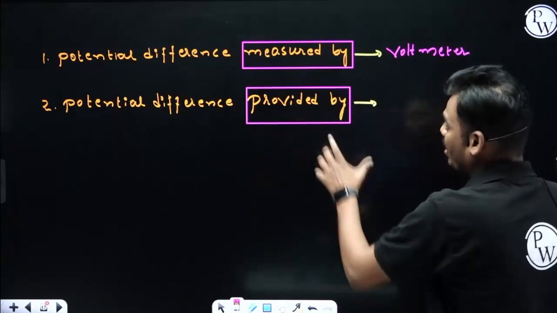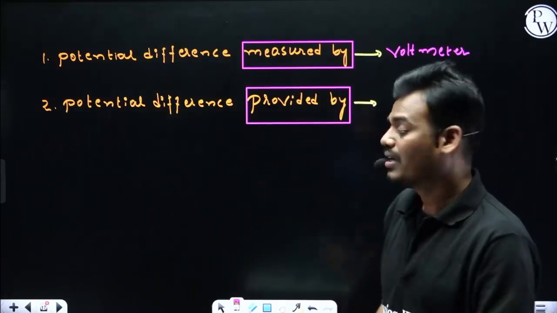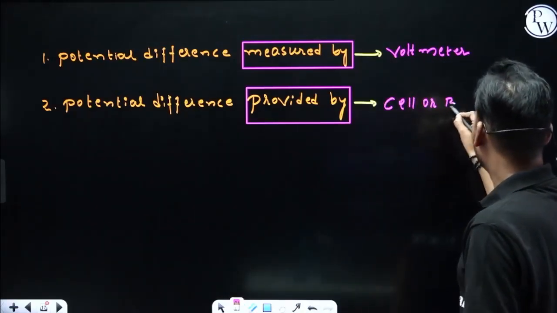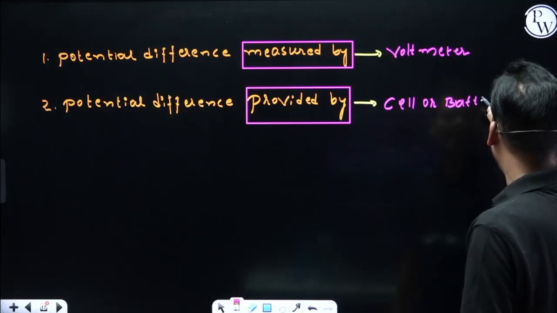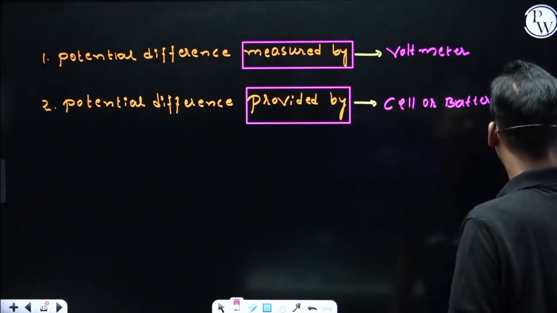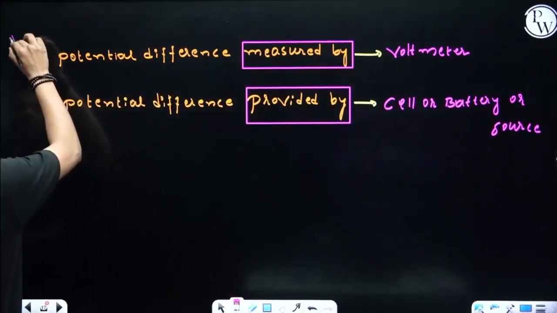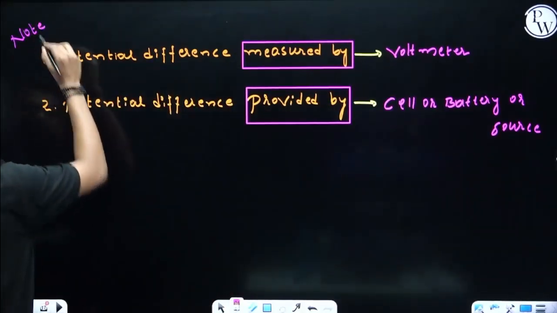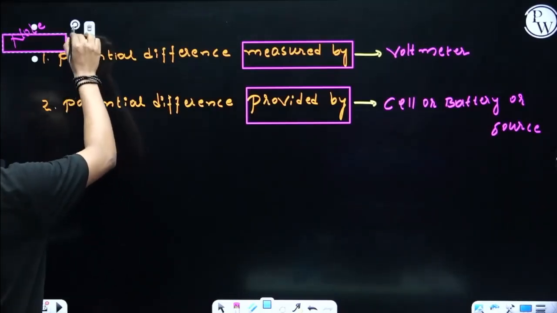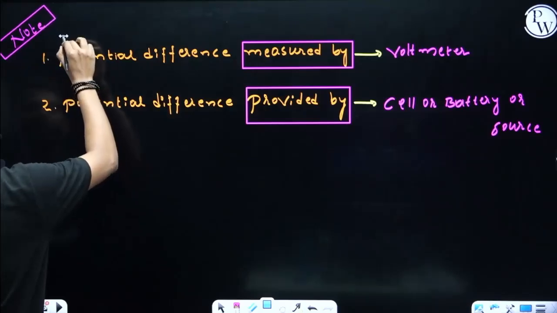But when you talk about provided, who will provide this potential difference? That is a cell or battery, or a source. Clear? These 2 points are very, very important. You can consider it a very important note. Don't get confused.